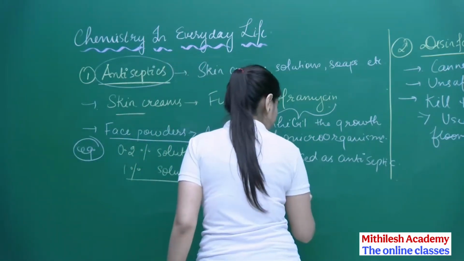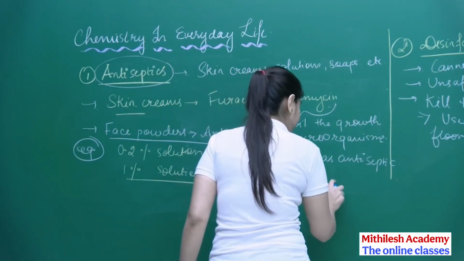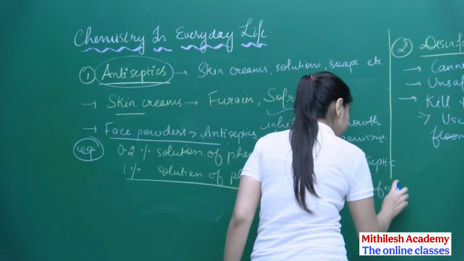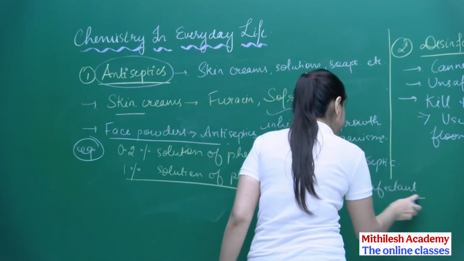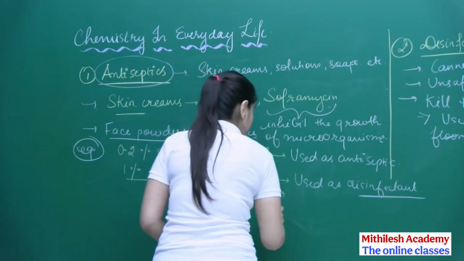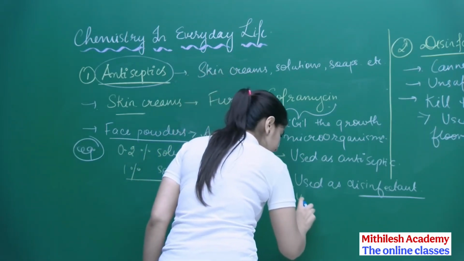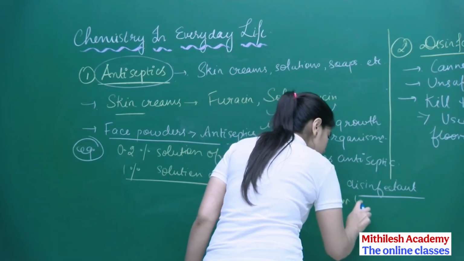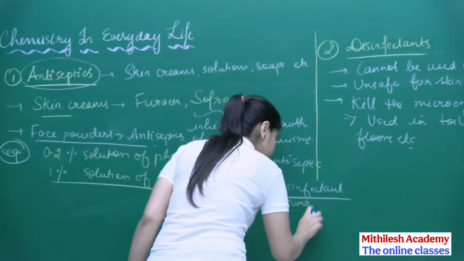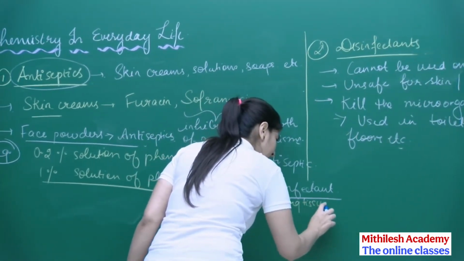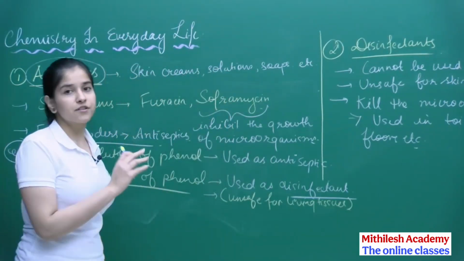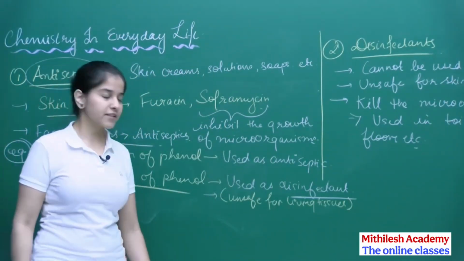So it is used as a disinfectant. And I must mention over here, unsafe for living tissues. They actually make the living tissue dead. That is how dangerous the phenol is. So I hope you all have got this.